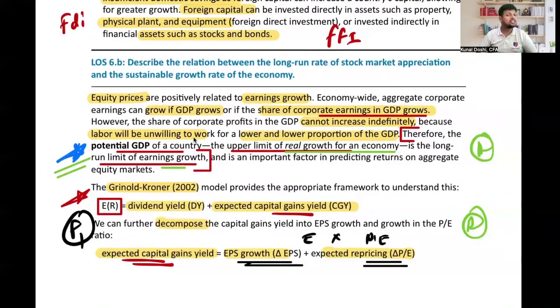So, whenever I say potential GDP, it is nothing but the maximum that an economy can grow, which is equal to the equity growth rate of the country, right? Which we did learn in the Grinold-Kroner model also under equity. So it's the same thing. Grinold-Kroner model, remember, we used for risk premium, where expected return is dividend yield plus capital gains yield, which had three combinations: change in PE, change in the nominal growth rate, and the changes in the shares.